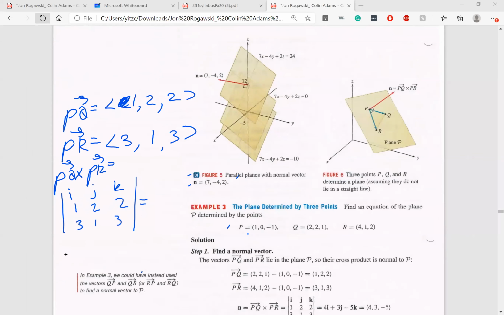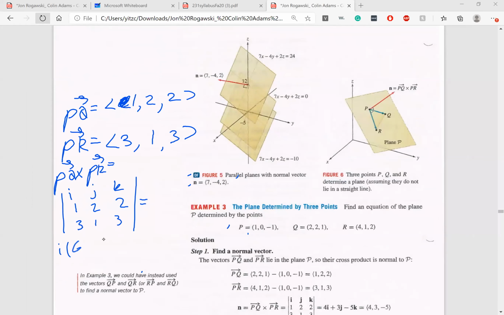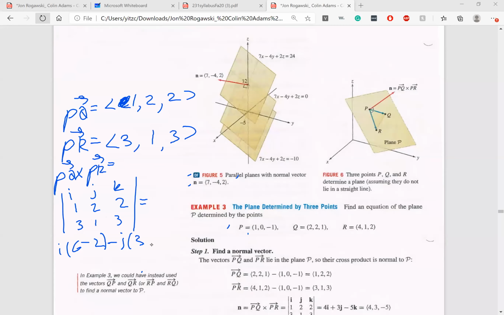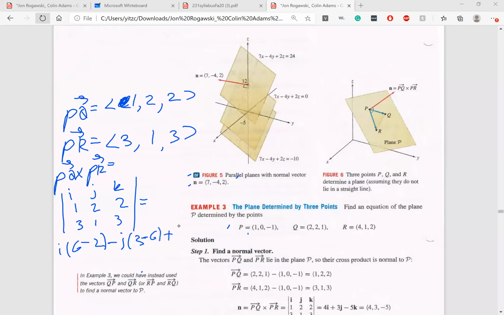And now this is going to be equal to I times, and then you're going to have 2 times 3, which is 6, minus 2, minus J, times 3, minus 6, plus K, times 1, minus 6.